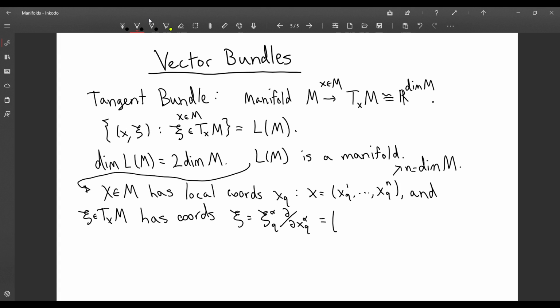So you can write it like this. These are just the components, the component form of the vector with respect to this basis.